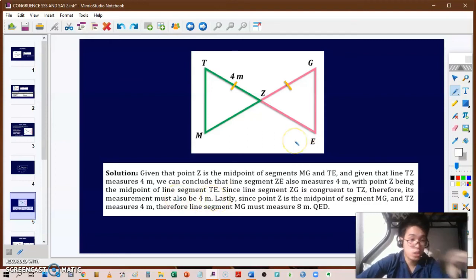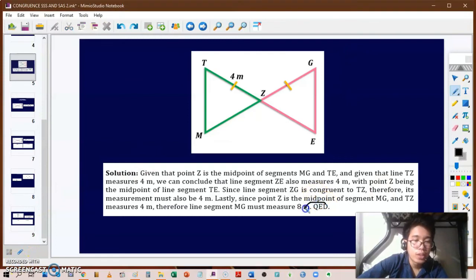Lastly, since point Z is the midpoint of segment MG and TZ measures 4 meters, line segment MG must measure 8 meters. So we can say that line segments TE and MG measure 8 meters.